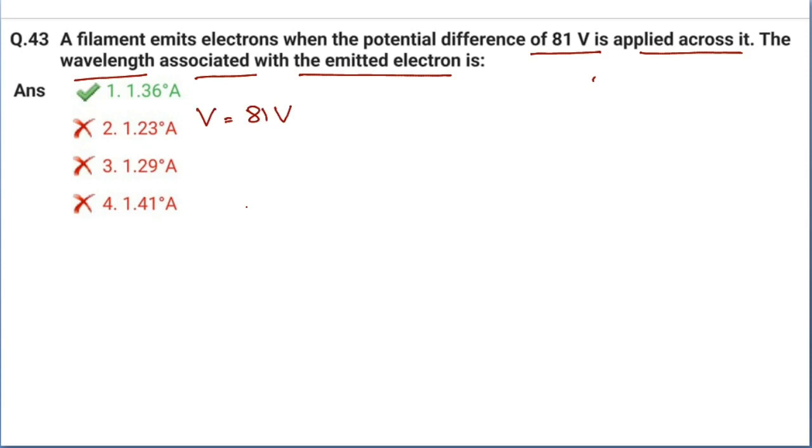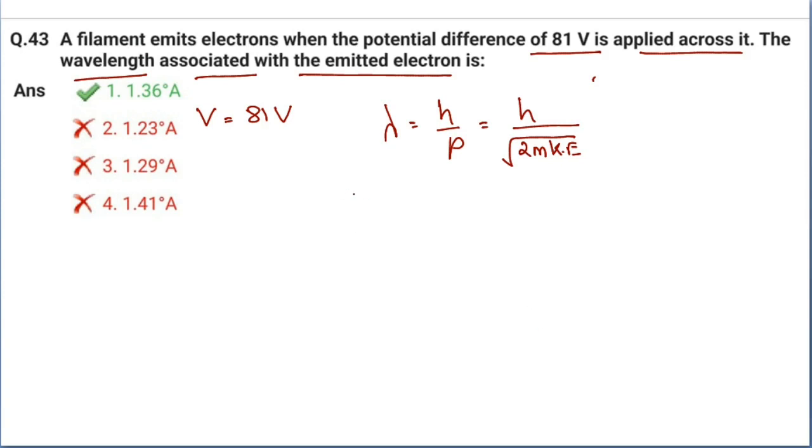The wavelength associated, lambda, is equal to h by p. Here p is the momentum, and momentum is related to kinetic energy as h by under root 2m KE.